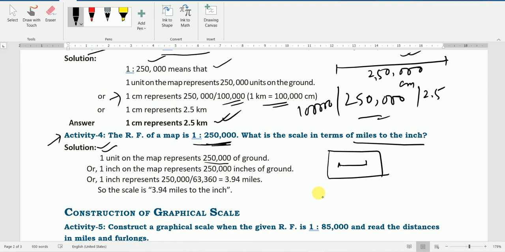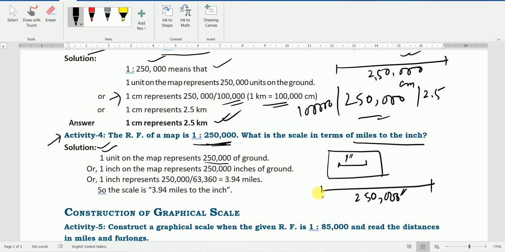Here it means that 1 inch on the map is equal to 250,000 inches on the ground.